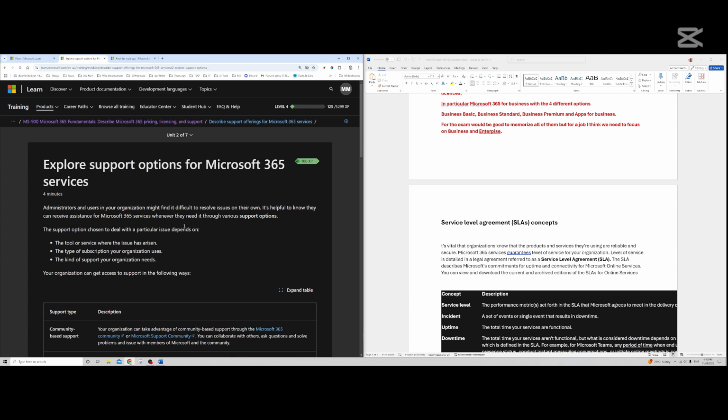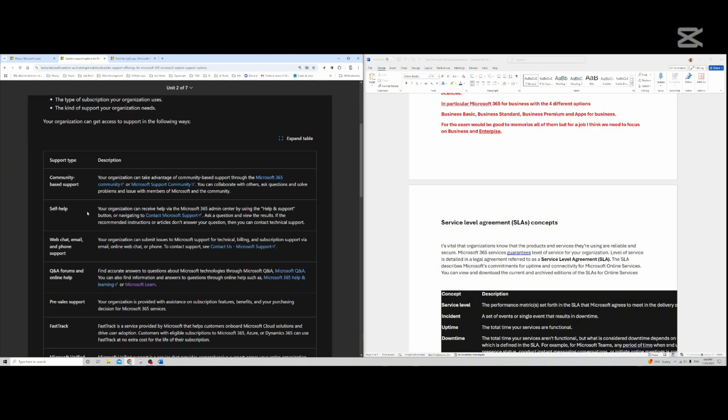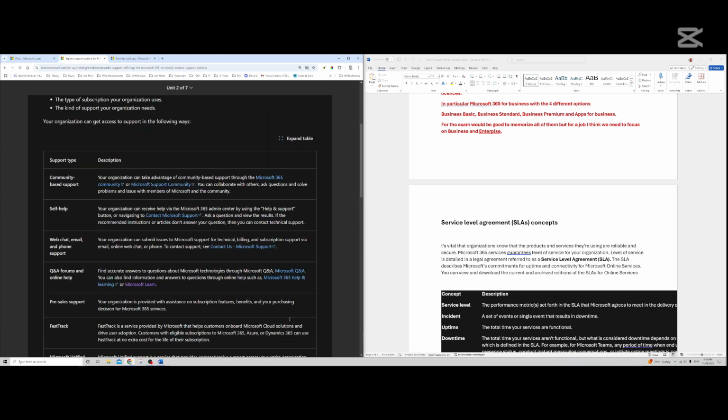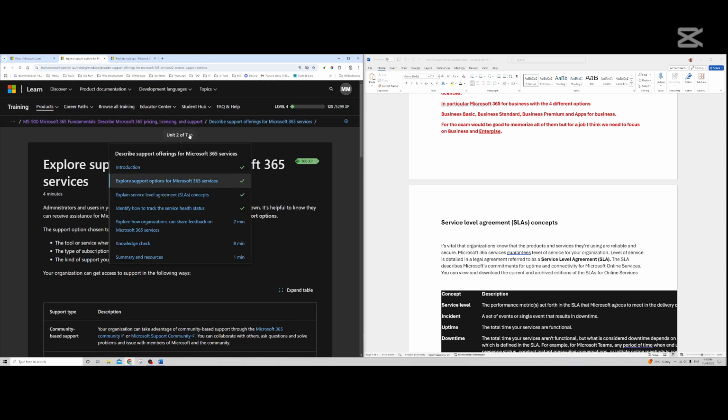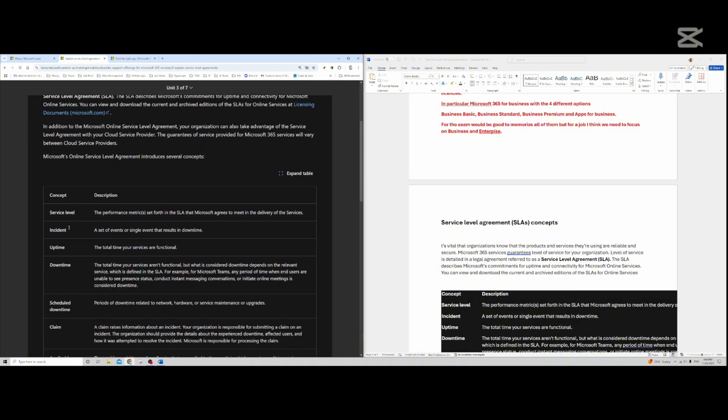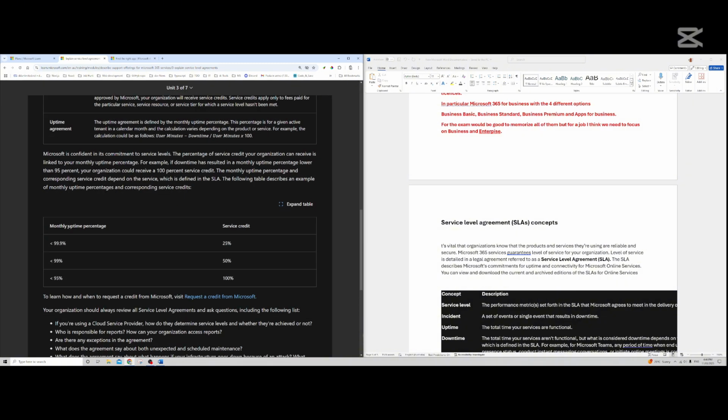There are different types of support, and how to create a support ticket in the Microsoft 365 Admin Center. And then we had a look at SLA, service level agreement. I would say to have a more in-depth look at SLA, not just because of the exam, but it could be useful anyway.